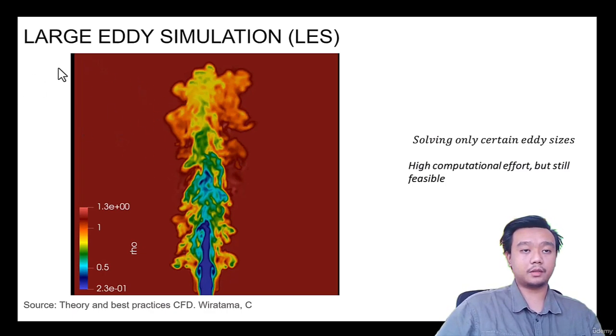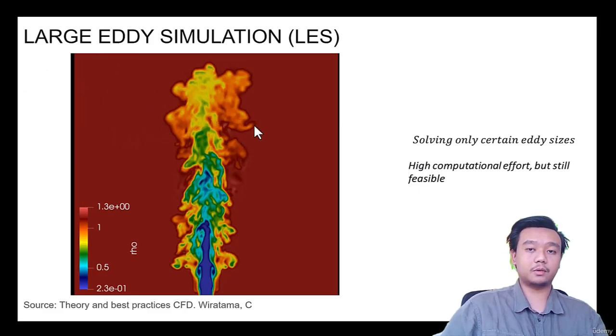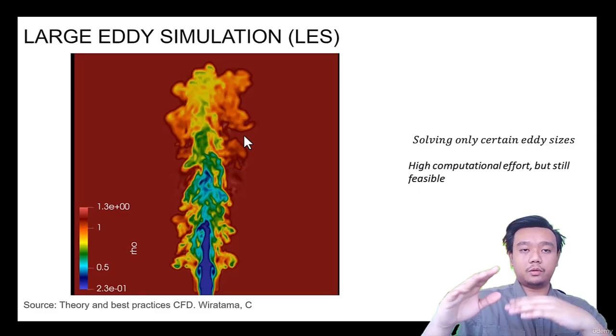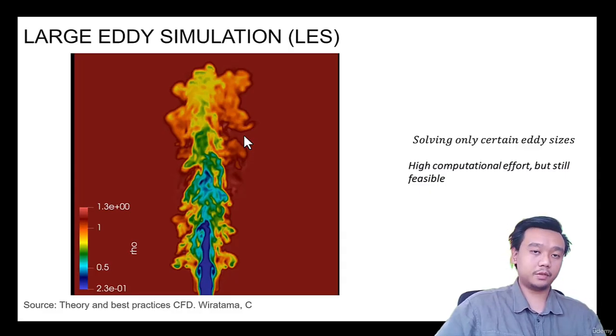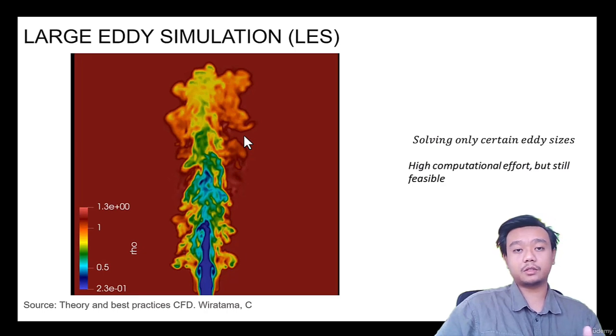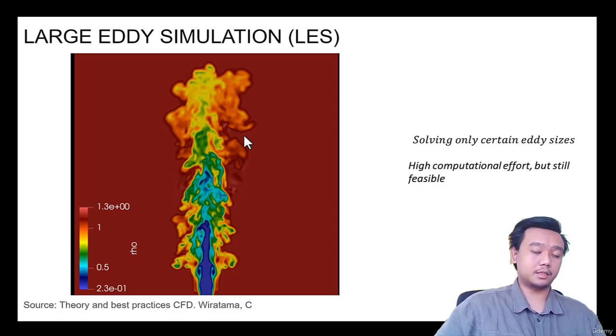But because we only resolve certain scales of eddies, some smaller eddies are not resolved. Let's say we are simulating an airfoil, the eddies in the wake region have a size of a couple of centimeters, but nearby the wall, with the no slip condition, we will have eddies of a couple of millimeters or even micrometers, and again that will not be fully resolved by the large eddy simulation.